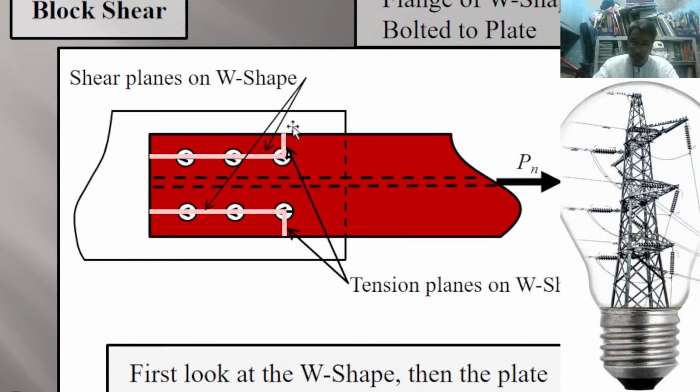It's very hard for it to fail in this manner on the transverse axis due to the presence of another flange on the opposite side and also the presence of the web. So it's more logical to think that this type of failure has more likelihood of happening than the transverse failure.